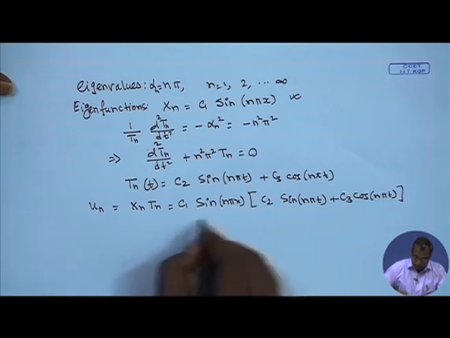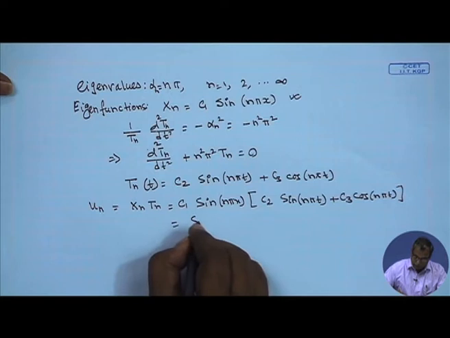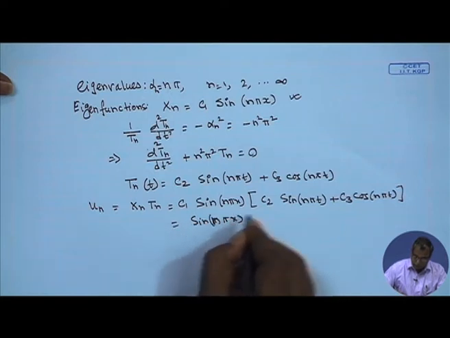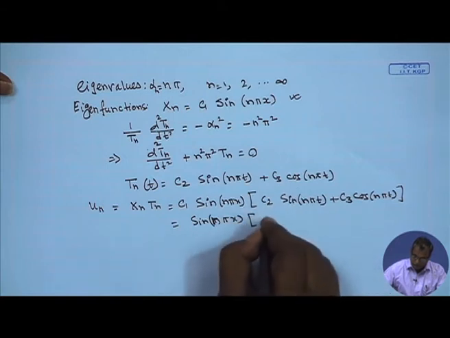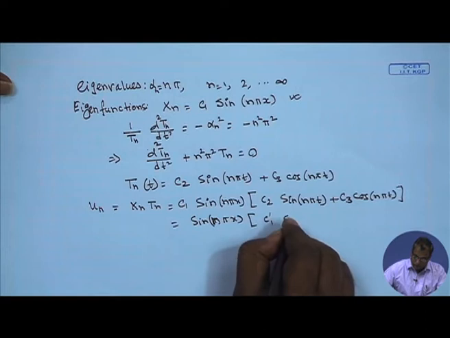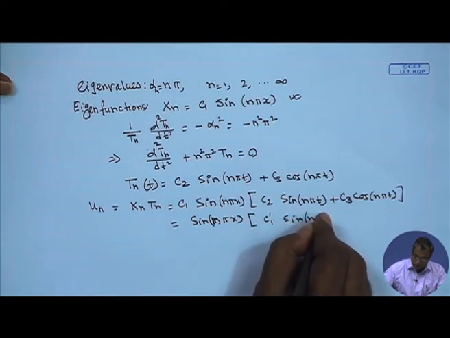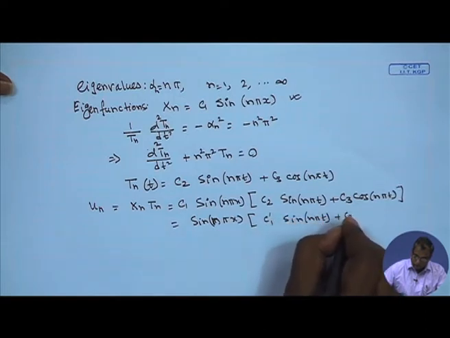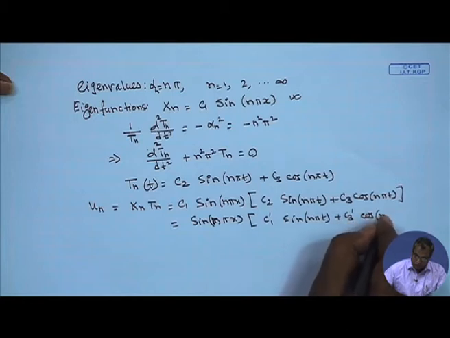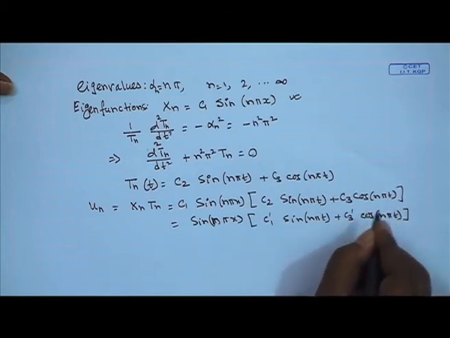So, I take this inside. This will be sin n pi x times C1 C2, which become new constants, let us say C1 prime, sin n pi t plus C3 prime cosine n pi t.